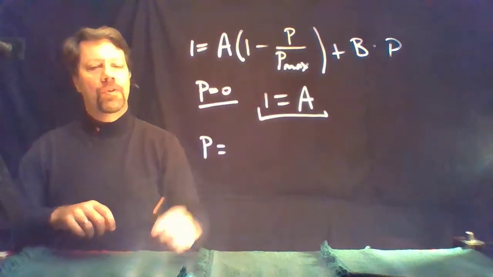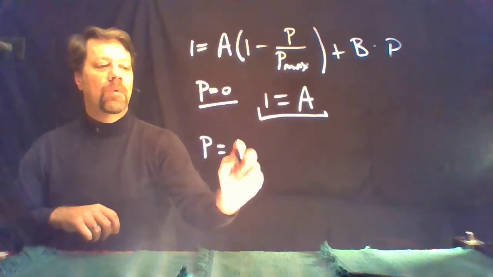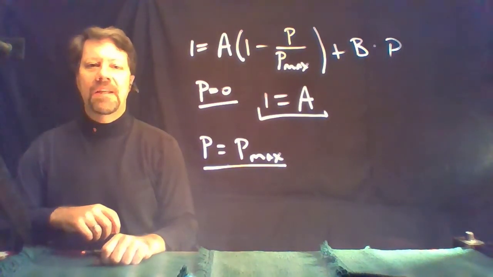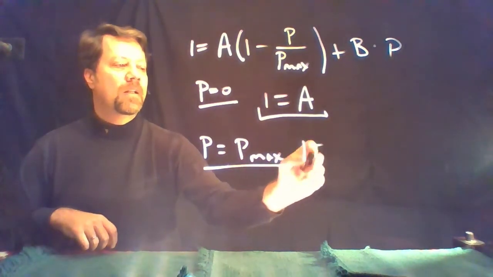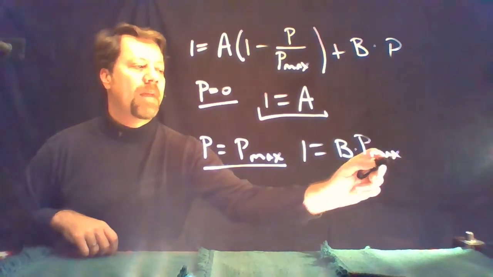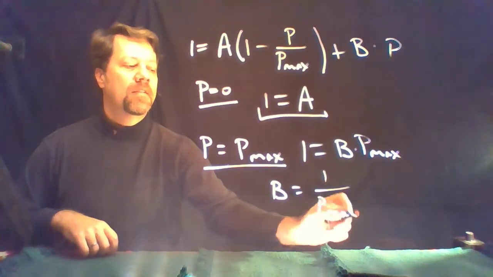The next logical choice for P is P max, because that will make this term go away. If we set P equal to P max, we get 1 equals B times P max, or B is 1 divided by P max.